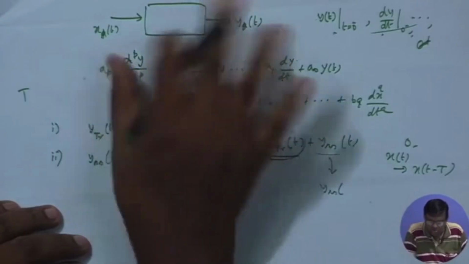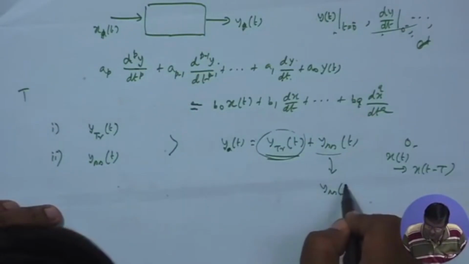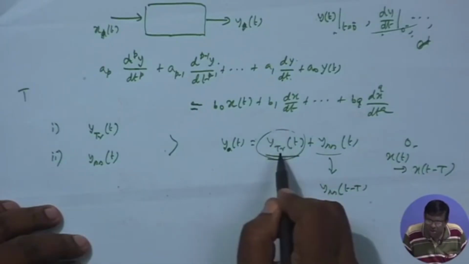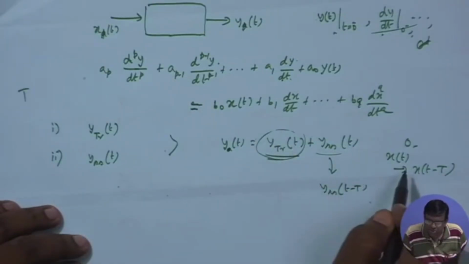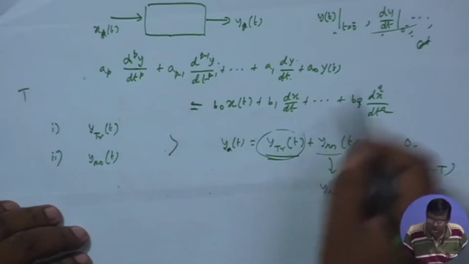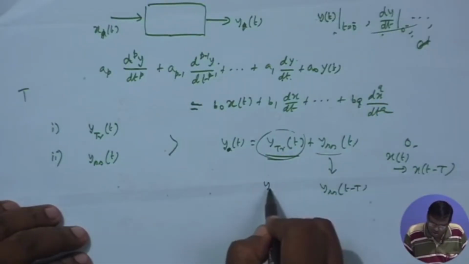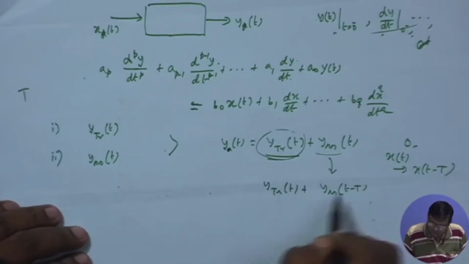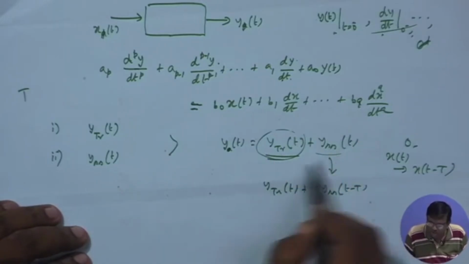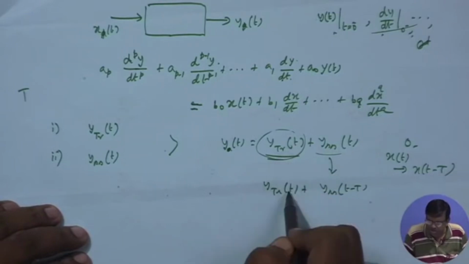This part is obtained by keeping the initial conditions 0 and solving, and that will be delayed. But this will not be delayed, because it is not derived from the input, it is derived from the initial conditions. The moment you switch on at t equal to 0 plus, the initial conditions come in, the right hand side is 0, and this solution will be there. So this will continue to be the same as before. So this summation is not a delayed version of the previous one; the steady state part is delayed by the same amount t as the input, but this remains as it is.